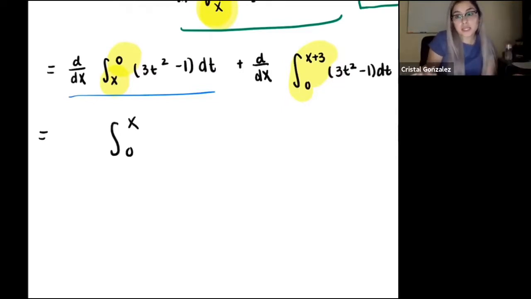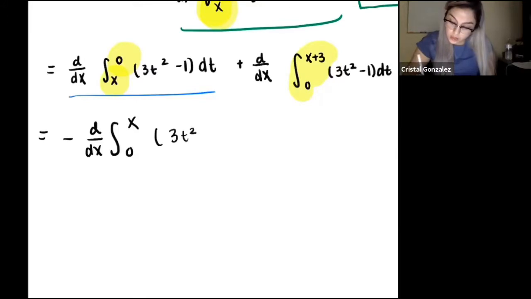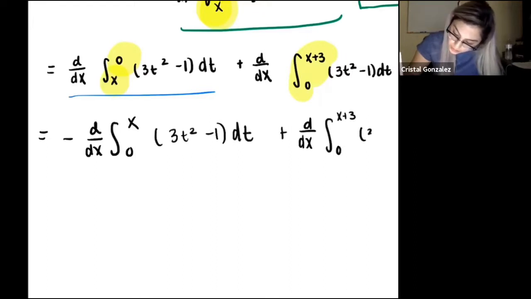But if we do decide to do that, then we have to tack on a negative in front of it. So let me do a negative, and then we still have the derivative with respect to x that we're evaluating, and it's going to be 3t squared minus 1 dt. And then this is going to be plus d/dx from 0 to x plus 3 of 3t squared minus 1 dt.